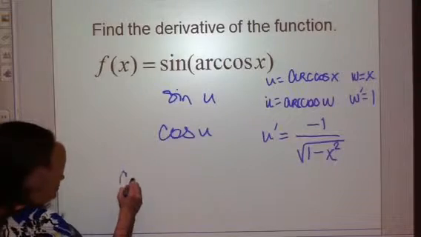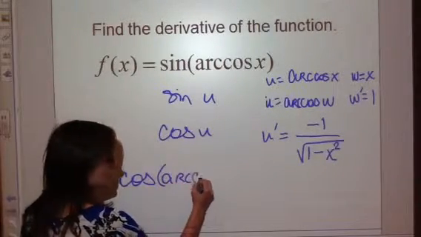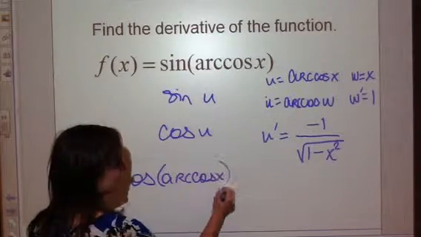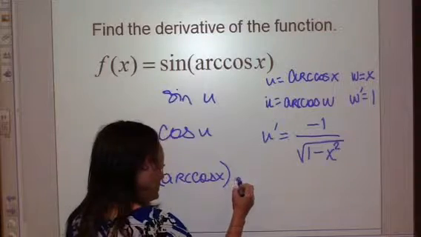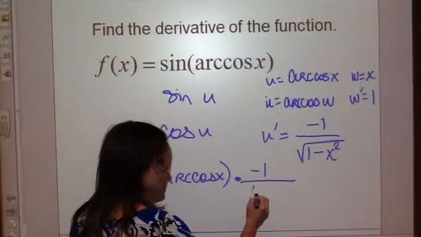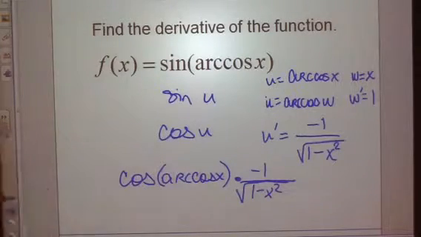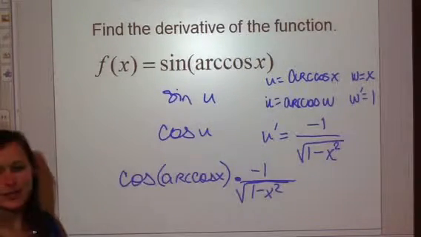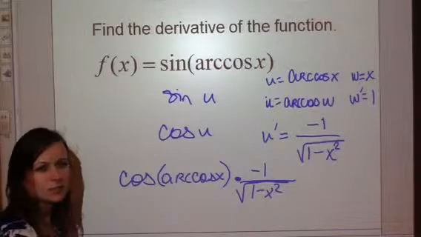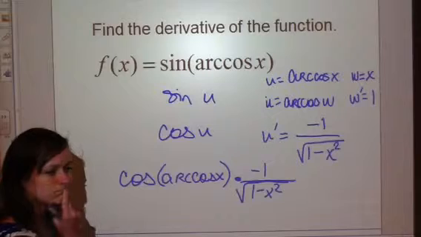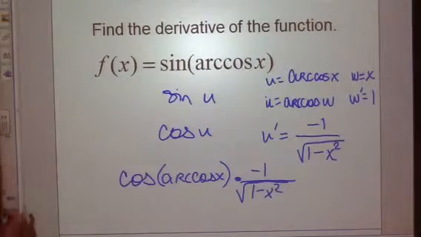So we have cosine of u, which is cosine of arc cosine of x, times that. What would be cosine of arc cosine? So you're doing cosine of the inverse. What if those cancel each other out? Interesting. You get x, just saying.